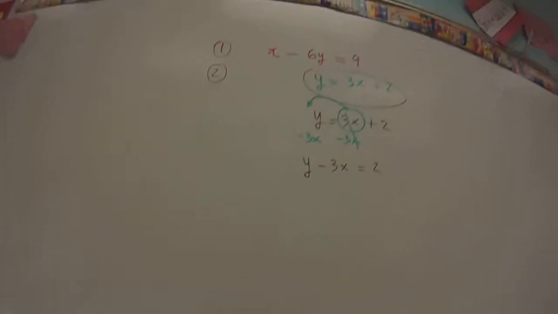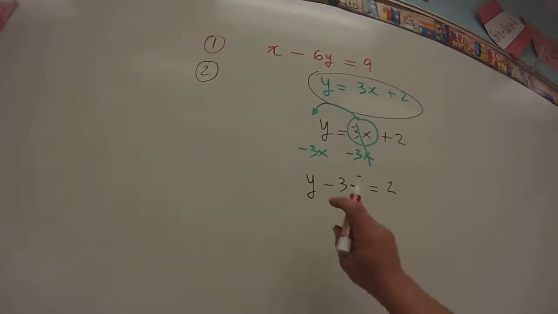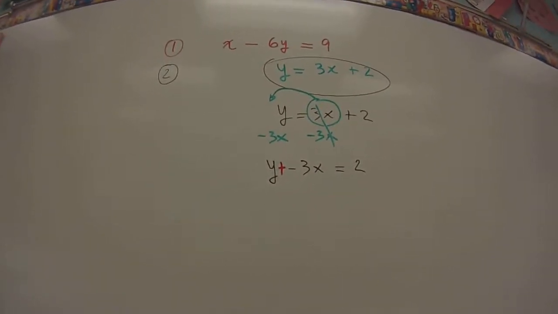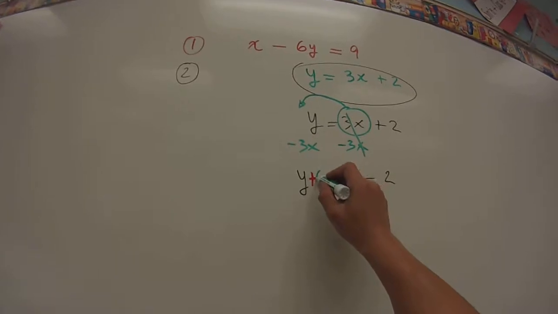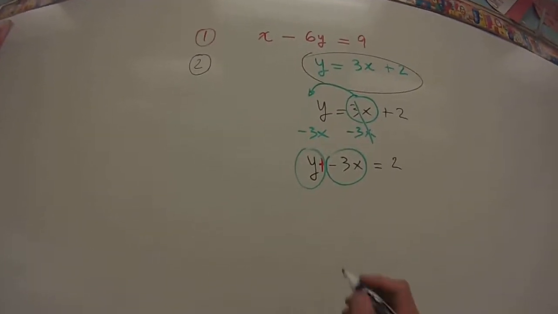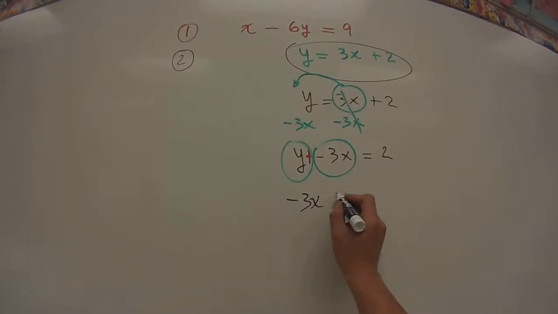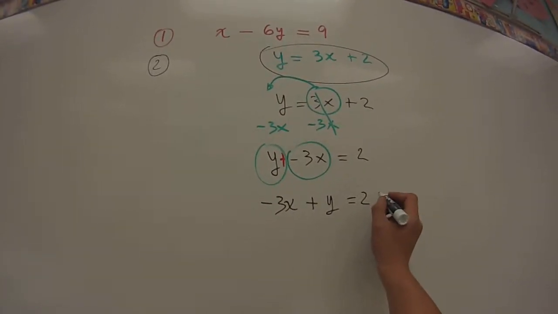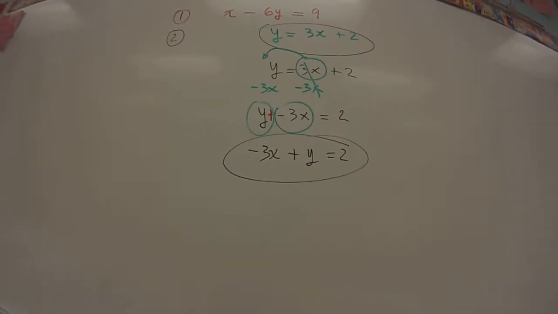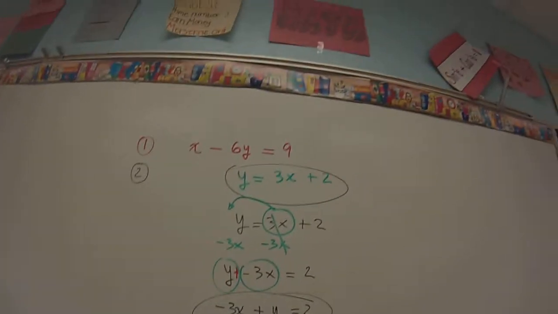That minus sign, we can make it very small, put a plus in between, and we realize that we're adding, so we can switch the terms around. So I'm going to put negative 3x on this side plus y, that makes 2. I wrote my second equation in standard form. Now I'm ready to continue with the solution.